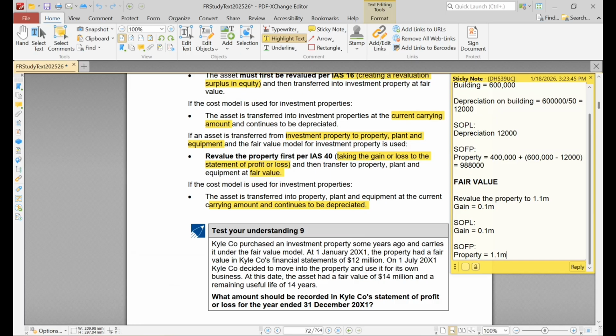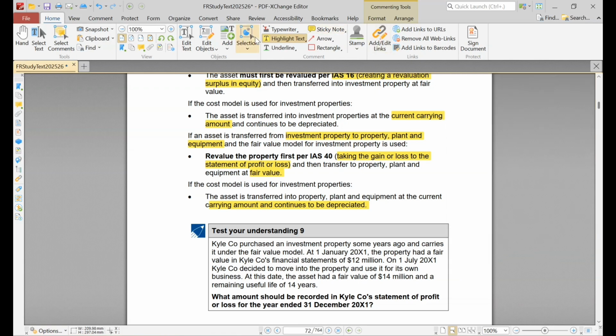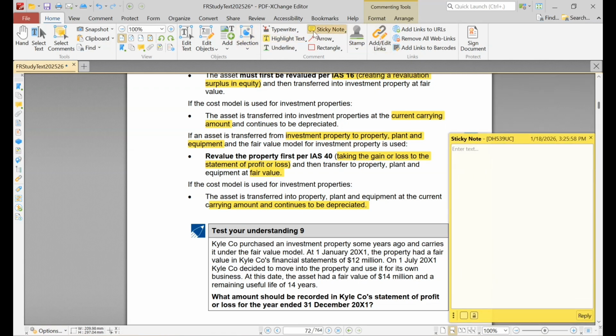Now let us solve test your understanding 9 as well. So the question says that Kylie company purchased an investment property some years ago and carries it under fair value model.